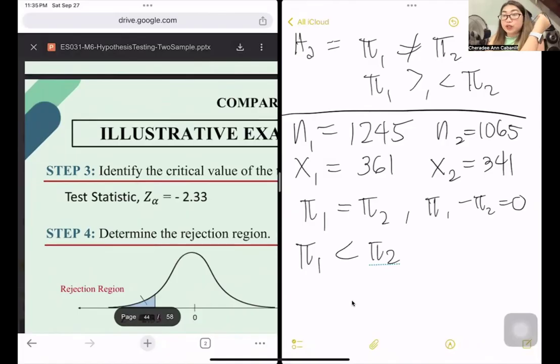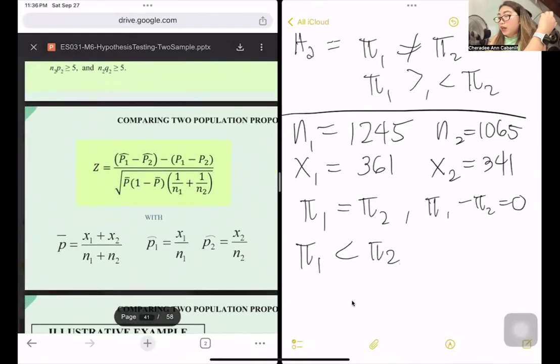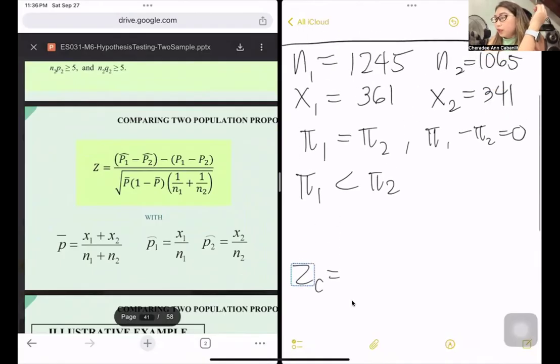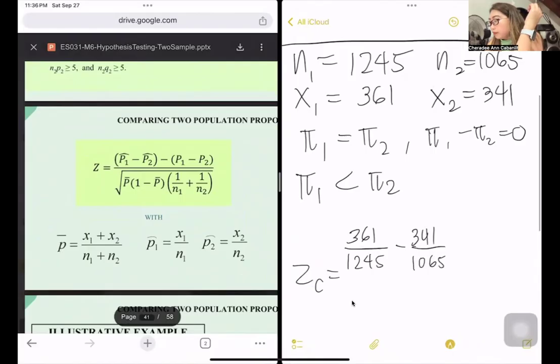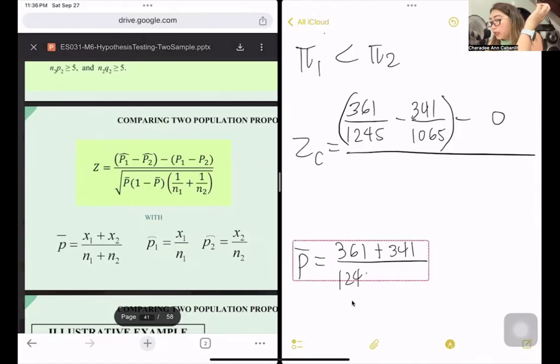So when you compute, Z computed is 361 over 1245 minus 341 over 1065, minus 0 because p1 minus p2 is 0, over the square root of p-bar, so you still need to compute p-bar.